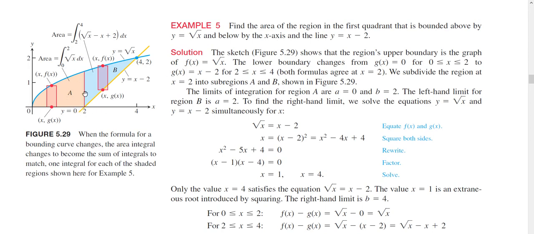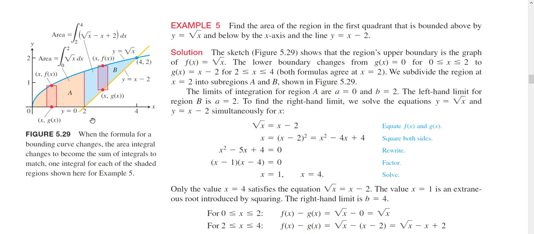The first part is shown in this figure by A in mustard color, and the second part B is bounded above by y = square root of x and bounded below by y = x minus 2, from x = 2 to x = 4, and this x = 4 is obtained by finding the point of intersection of these two curves, right?